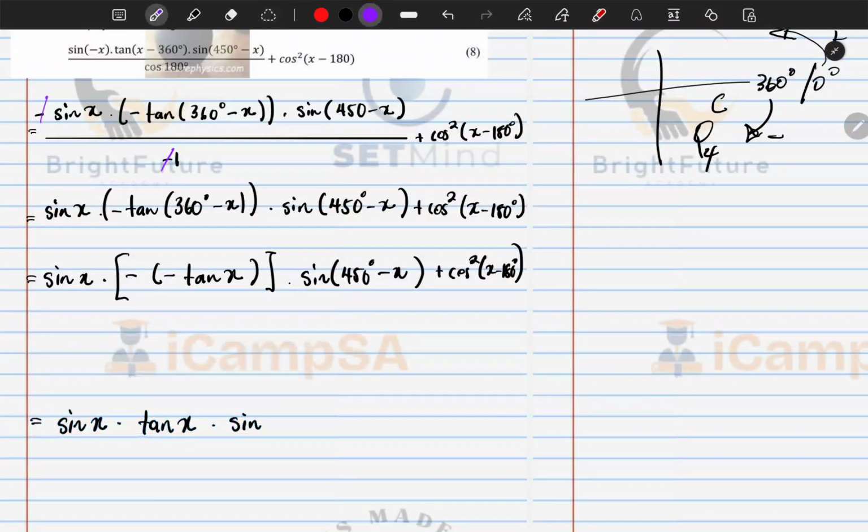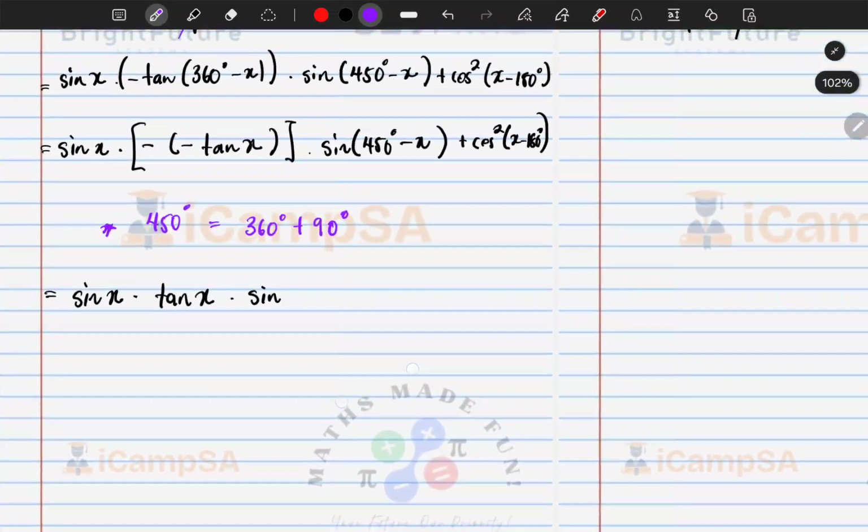My 450 degrees can also be written as 360 degrees plus 90. So that's what I'm going to do. Now I will have 360 degrees plus 90 degrees minus x, but now I'm going to put this into brackets. So it's going to be the same thing as 360 minus x.